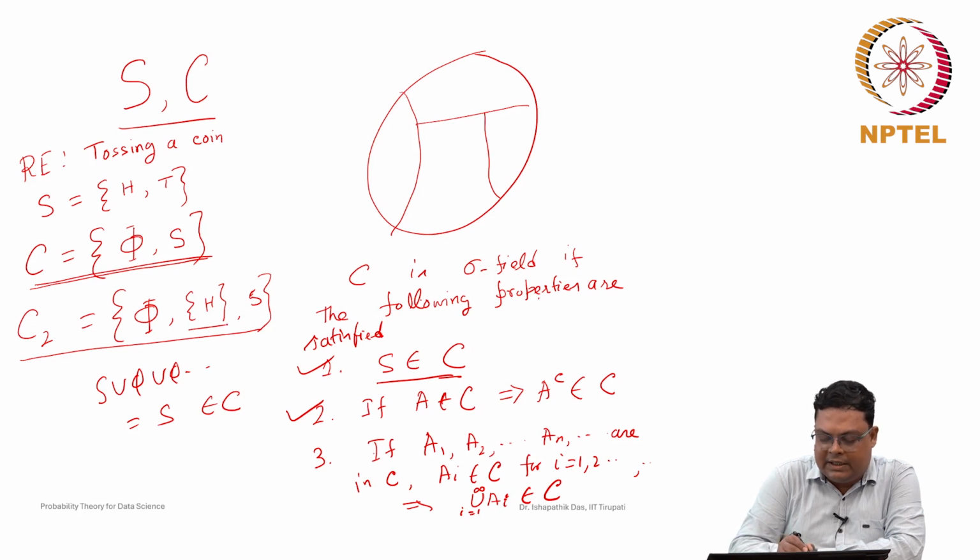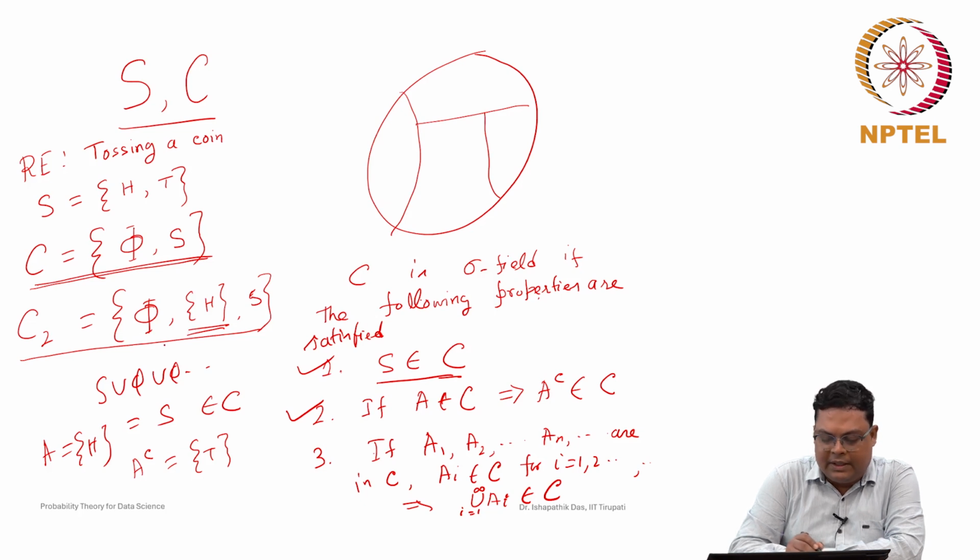Now, if you consider the set A equal to H, which belongs to this collection C2, what is its complement? Because S contains H and T, the complement of H is nothing but the set T. We did not include it in this set.